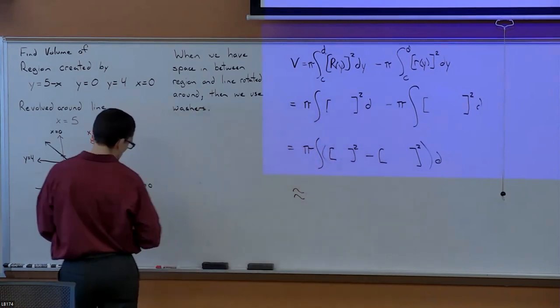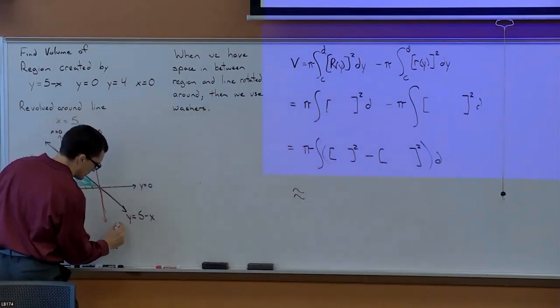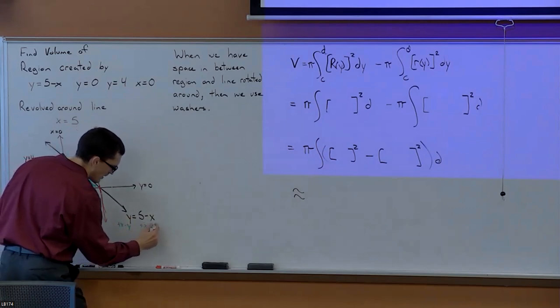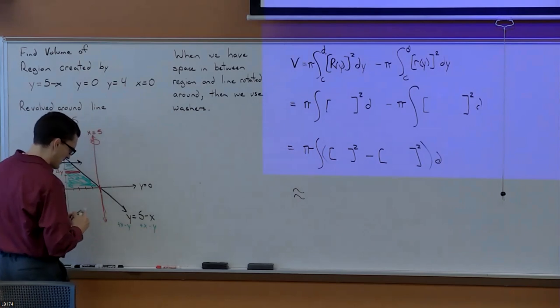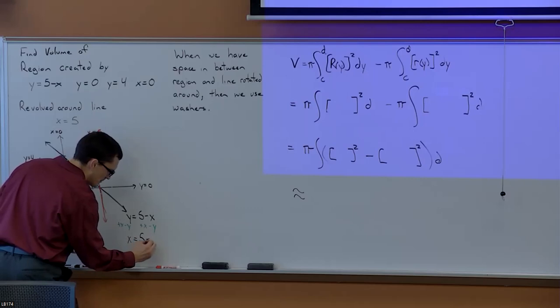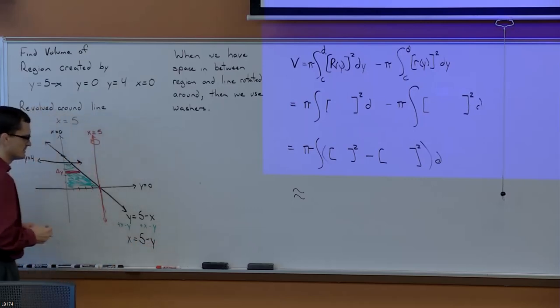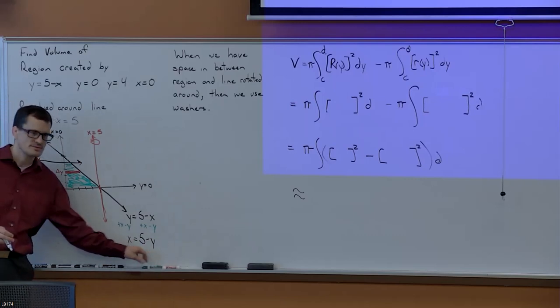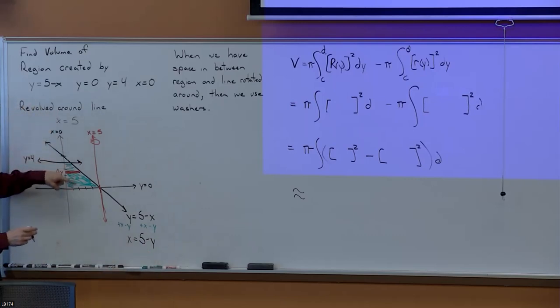That just means I add x and subtract y from both sides, and then I get x equals 5 minus y. The other lines are either x equals a number or y equals a number, so I'm fine with that.